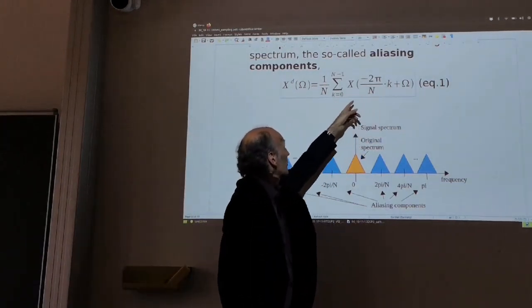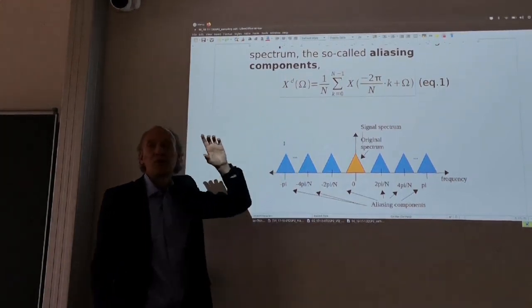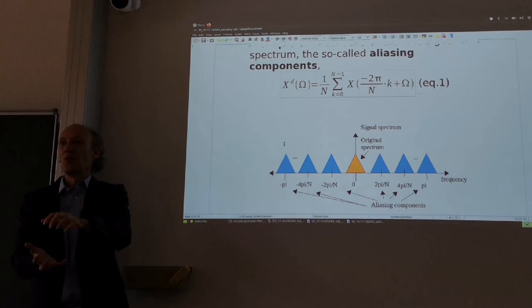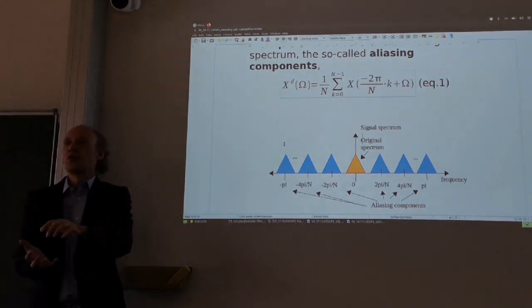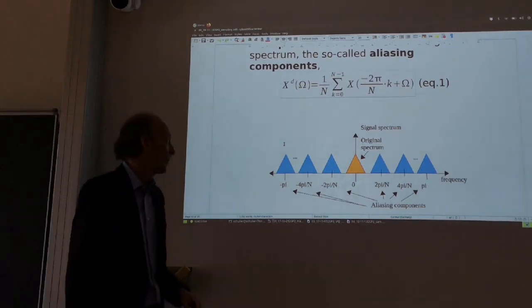So it's a shifted spectrum. Also observe this 1 over n, which means the original spectrum is now n times smaller, and also the spectral copies are n times smaller, which means the total energy stayed the same. It didn't change.